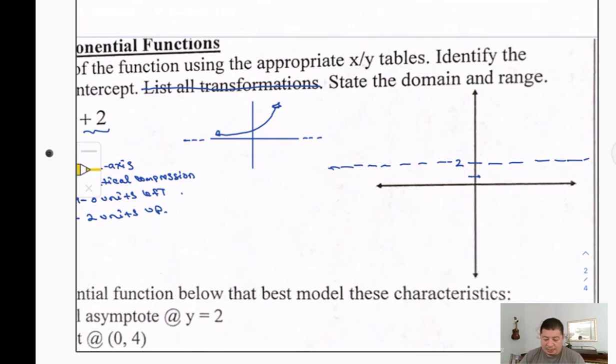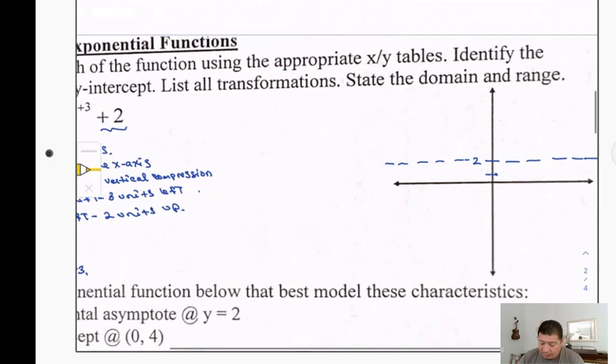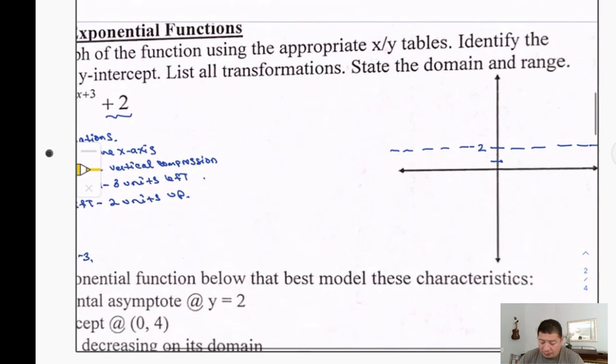Okay, so I'm going to erase this because I need space to work out my problem. In addition to that, the original y-intercept happens to be at 0, 1, and we have shifted that point. It has now been moved 3 units to the left, and then 2 units up.